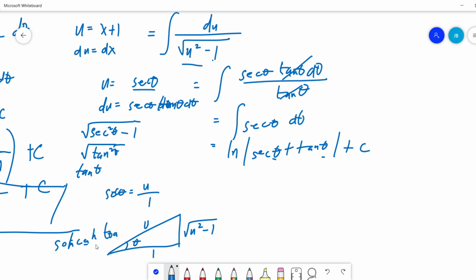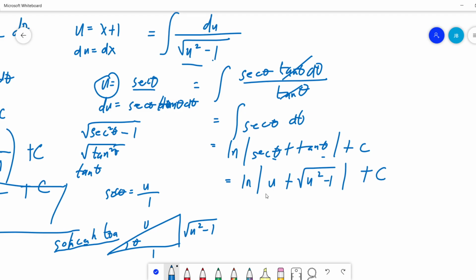Okay? So please remember SOHCAHTOA. Therefore, we have ln of sec theta, which is just basically u, plus tan theta, which is opposite, the square root of u squared minus 1, over adjacent, which is 1, or simply the square root of u squared minus 1, plus c.